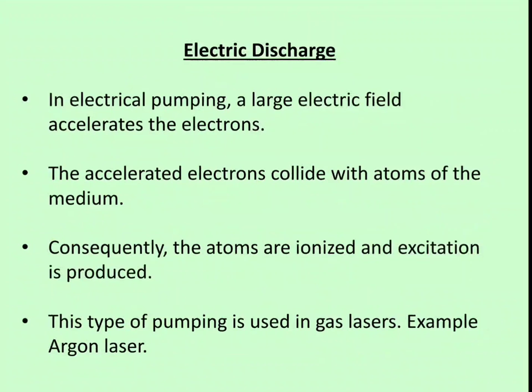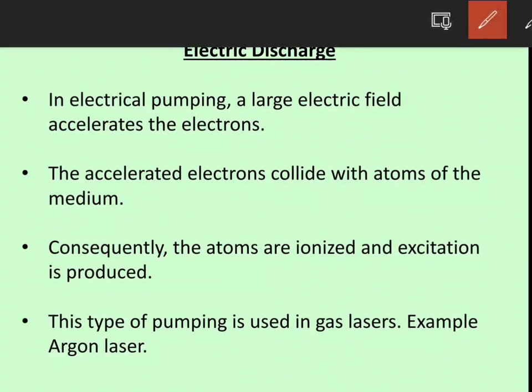The next method is the electric discharge method. In electrical pumping, a large electric field accelerates the electrons. That means by the electricity, the electrons are accelerated, and these electrons collide with the atoms of the medium. The atoms are ionized and the excitation is produced.